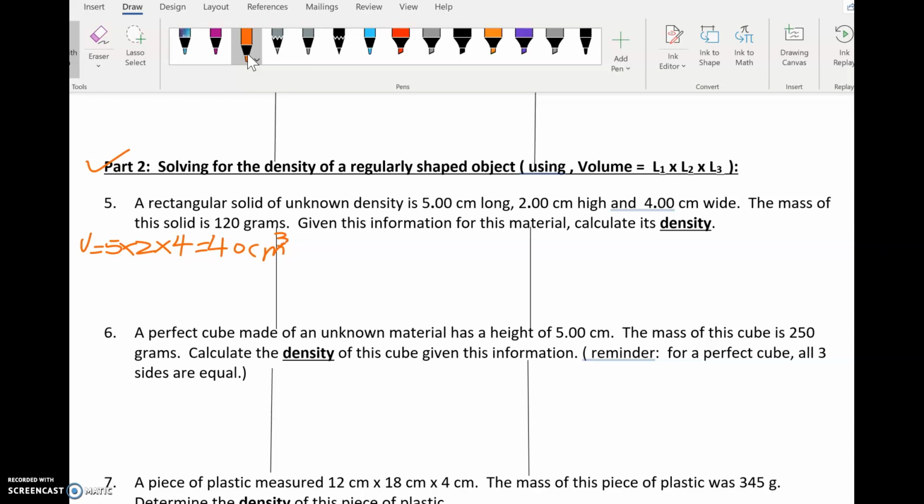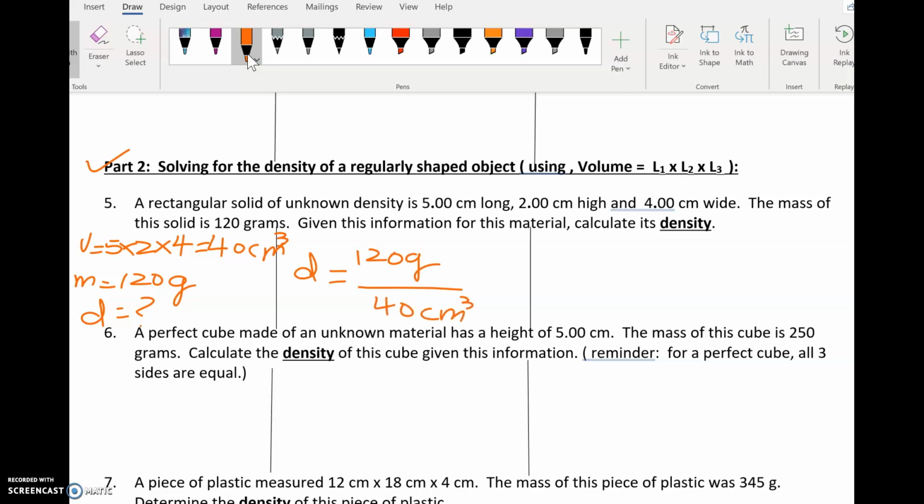All right, and then the mass is given to you, and that's 120 grams. Once again, you're looking for density. So the density is going to be mass, 120 grams, divided by 40 cubic centimeters.